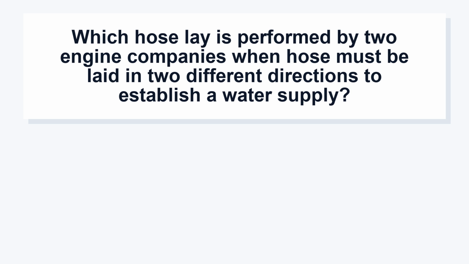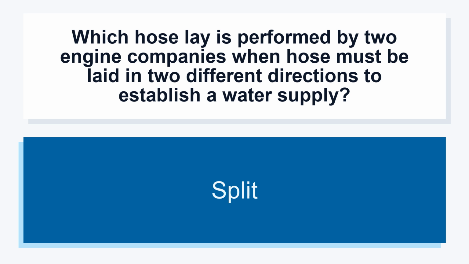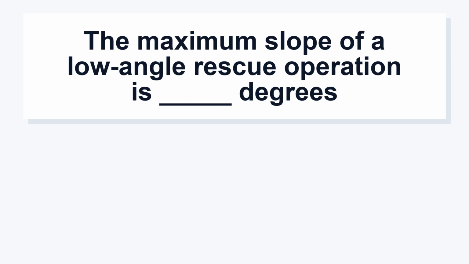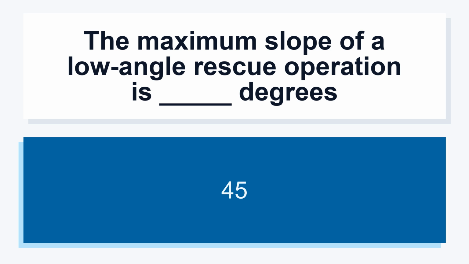Which hose lay is performed by two engine companies when hose must be laid in two different directions to establish a water supply? Split. The maximum slope of a low-angle rescue operation is 45 degrees.